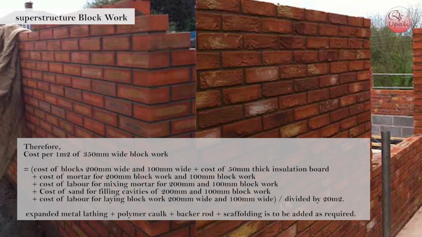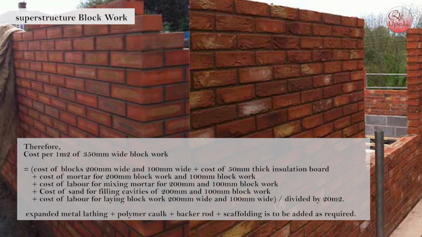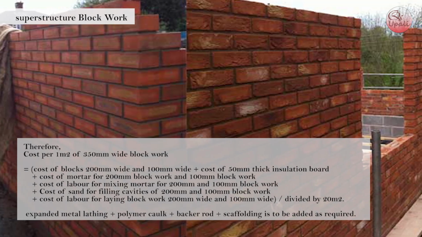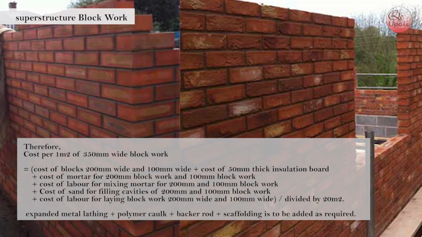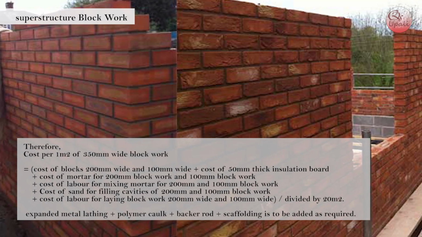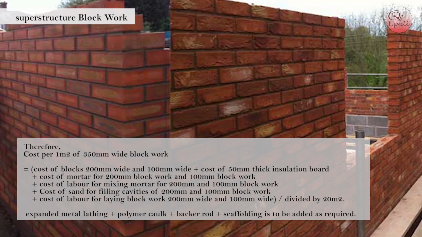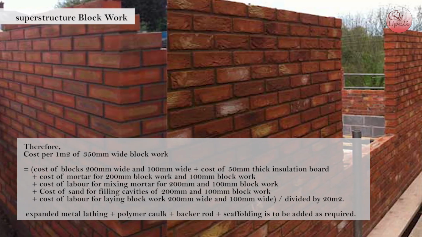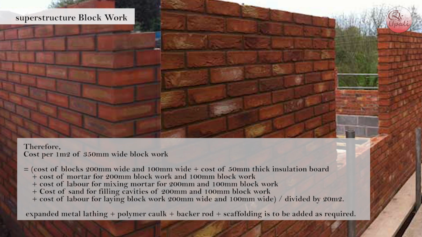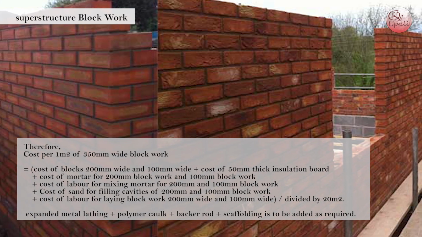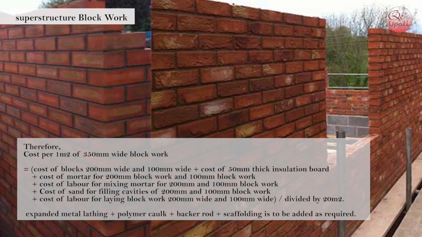Therefore, cost per 1 meter square of 350 mm wide reinforced concrete cavity block work equals cost of block work 200 mm wide and 100 mm wide plus cost of 50 mm thick insulation board plus cost of mortar for 200 mm block work and 100 mm block work plus cost of labor for mixing mortar for 200 mm and 100 mm block work plus cost of sand for filling cavities of 200 mm and 100 mm block work, divided by 20 meter square.